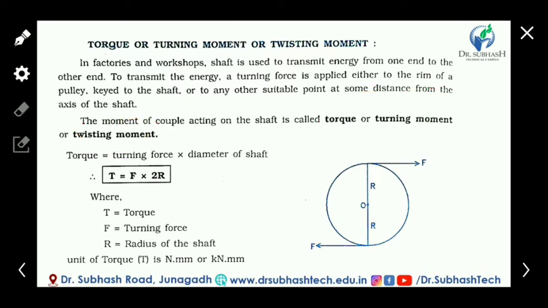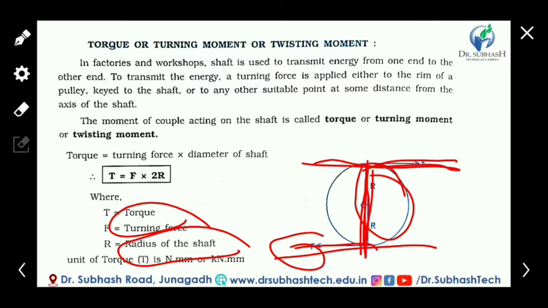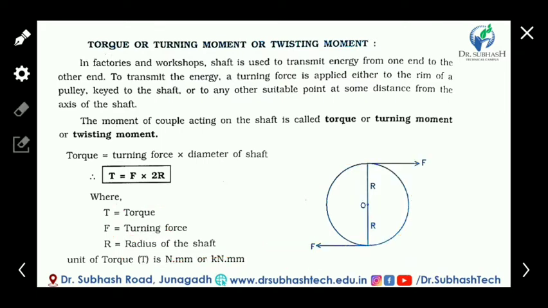So what is the torque or turning moment or twisting moment equation? It is the turning force into the perpendicular distance between these two forces. So force into 2r, where r is the radius of the shaft, F is the turning force, and T is the torque.